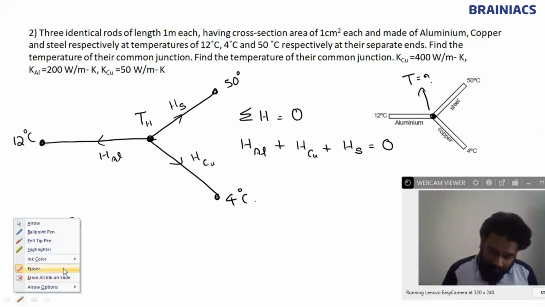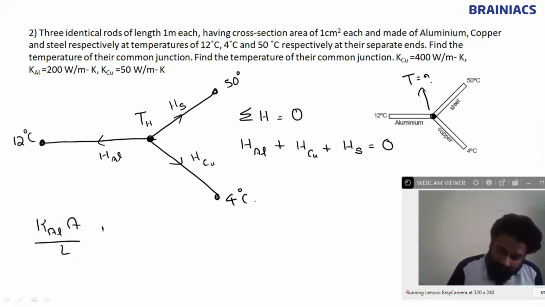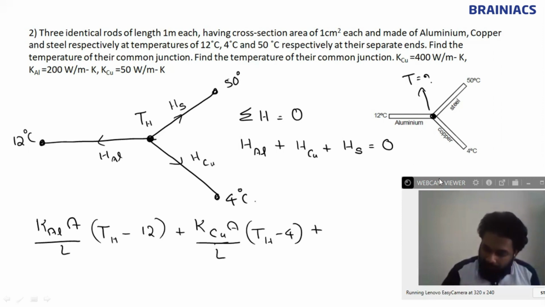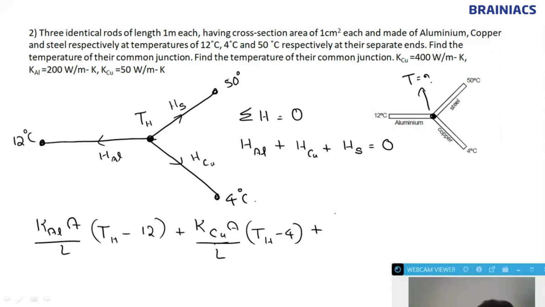Here, TH minus 12 plus K copper A divided by L into TH minus 4 plus K steel A by L TH minus 50 is equal to 0.